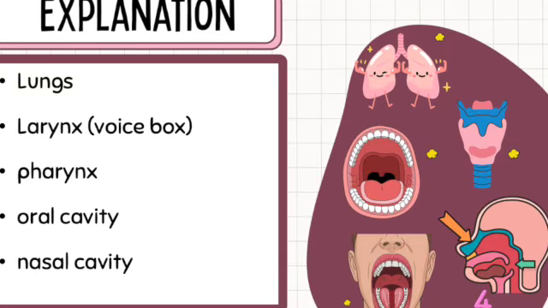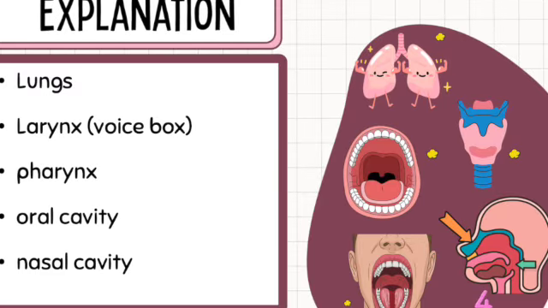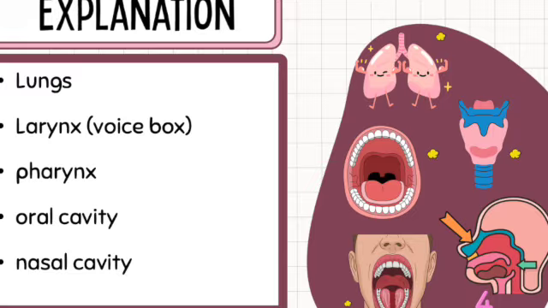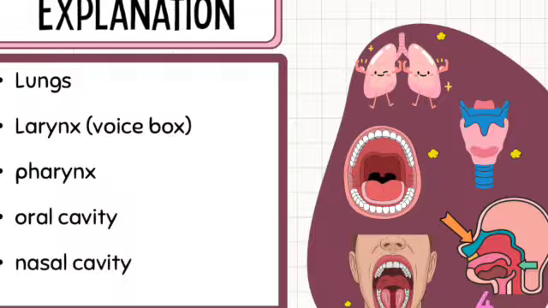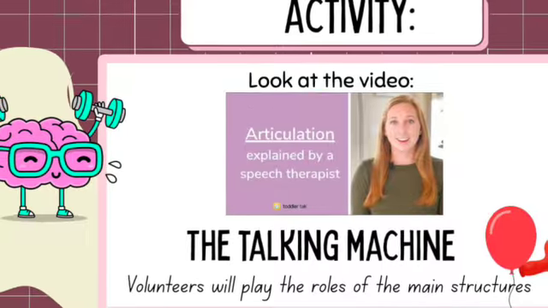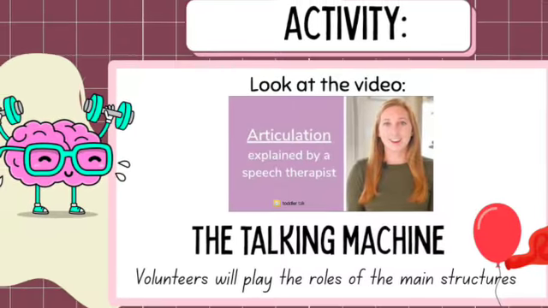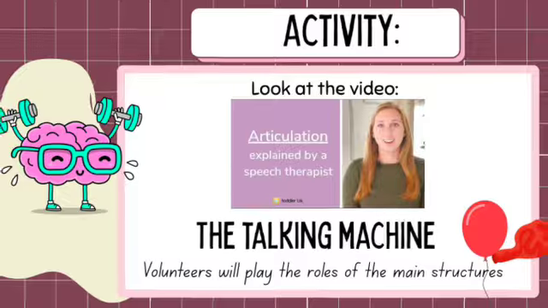And we're going to talk about what these organs are and if you connected them properly. We will then look at a video that talks about how articulations happen and our body being the talking machine. So let's take a look at the video, and then we will have a short discussion after.